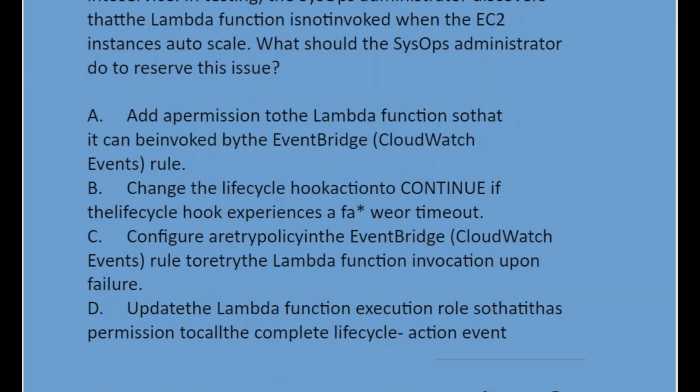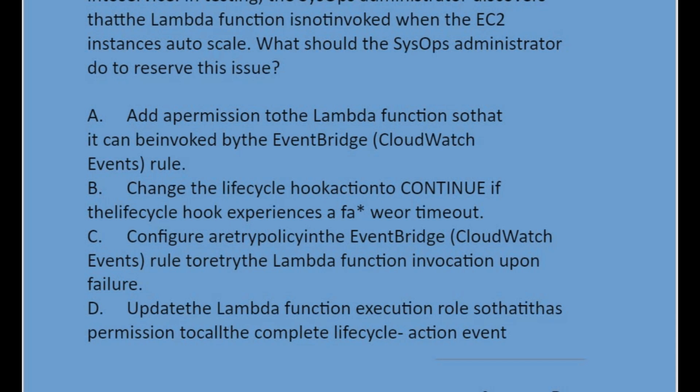Option A. Add a permission to the Lambda function so that it can be invoked by EventBridge, that is the CloudWatch Events rule. Option B. Change the lifecycle hook action to continue if the lifecycle hook experiences a timeout.